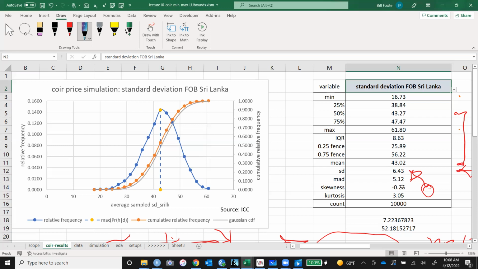Very little skew, which is evidenced in the mean of standard deviation being very close to the median. Symmetric distribution, fascinating in and of itself. The standard deviation of the deviation isn't very big. There it is.